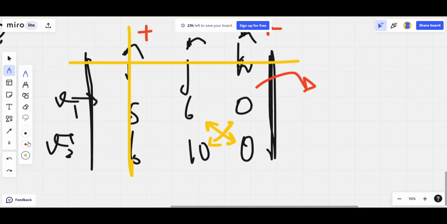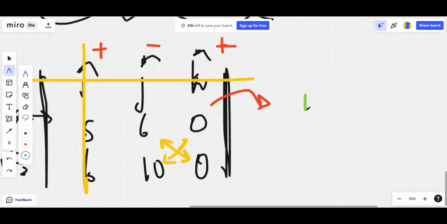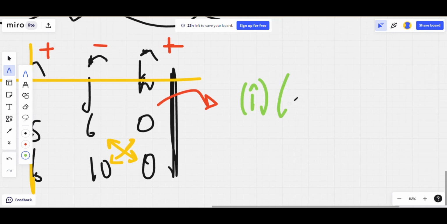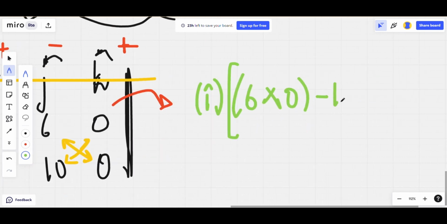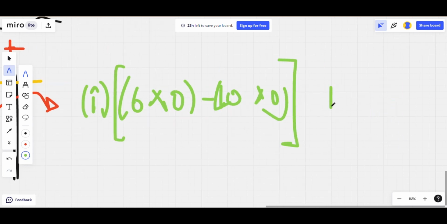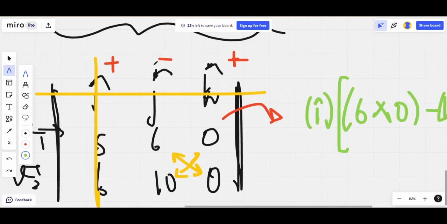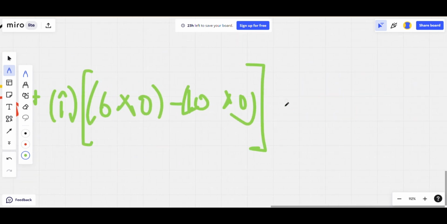Before that, what we do is we first multiply with this one, which is nothing but i cap into 6 into 0 minus 10 into 0. Not plus, because see here it's minus. So this whole quantity is plus, minus, minus.